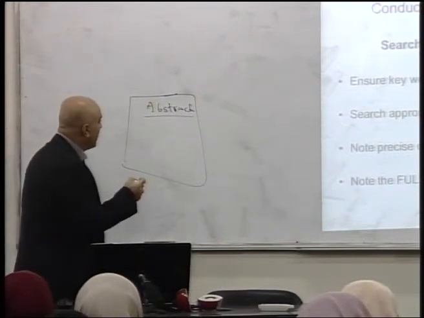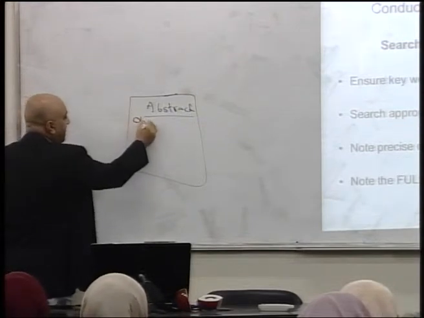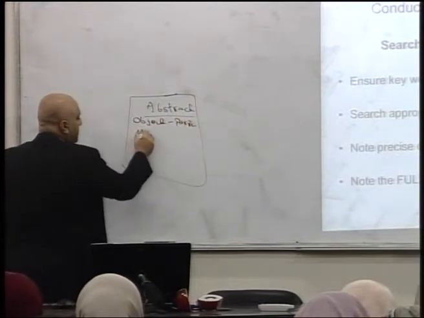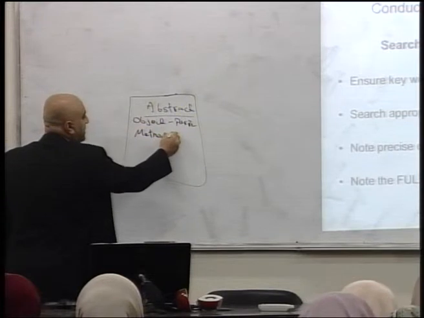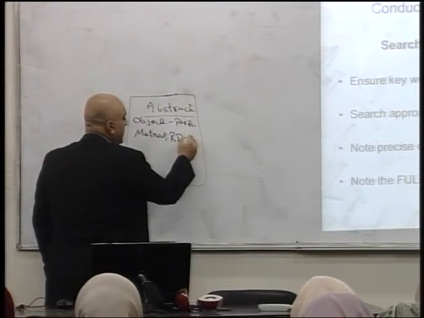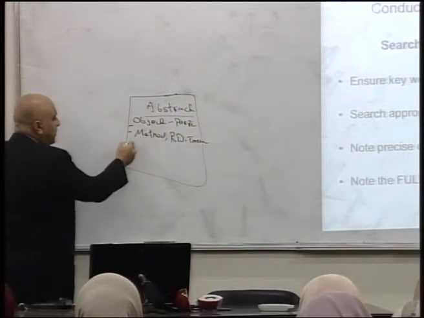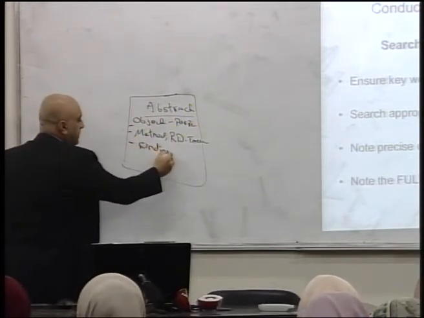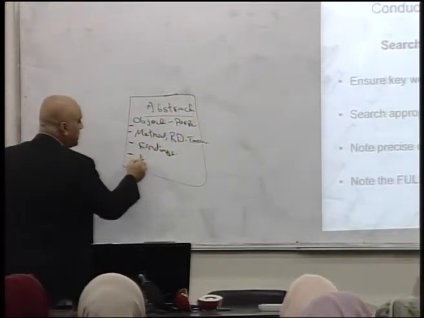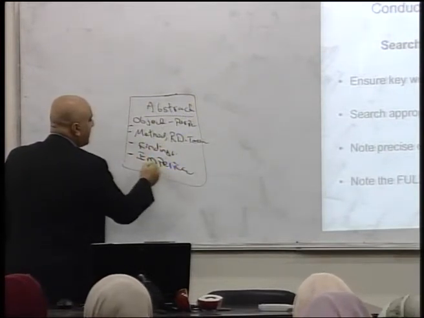But generally speaking, the abstract includes different categories, such as the objectives or the purpose, the methods, research design, and research techniques or strategies. And it also includes findings, and empirical reflections.